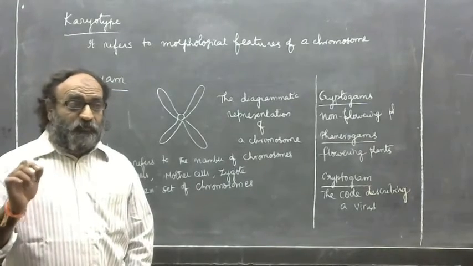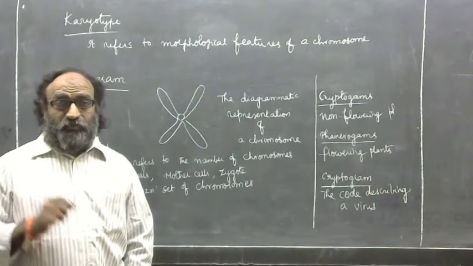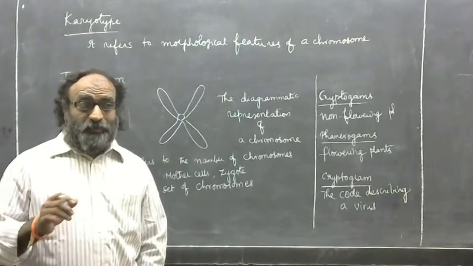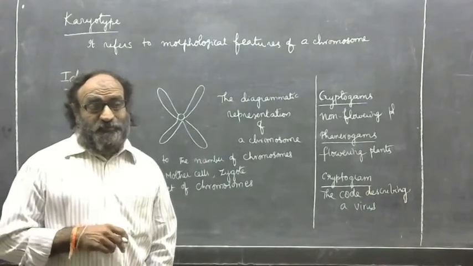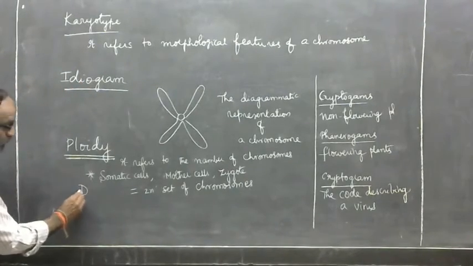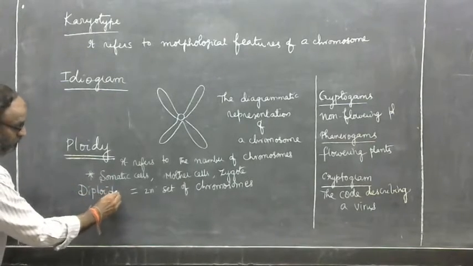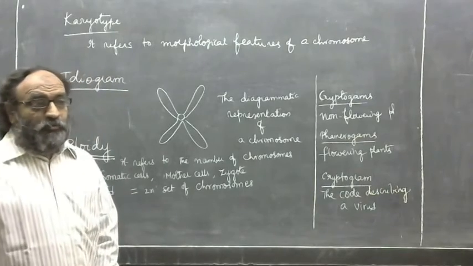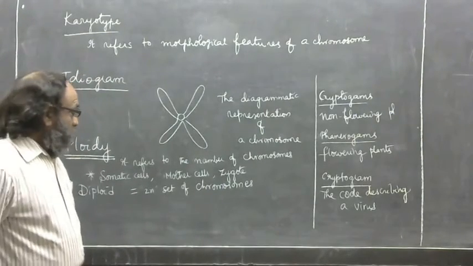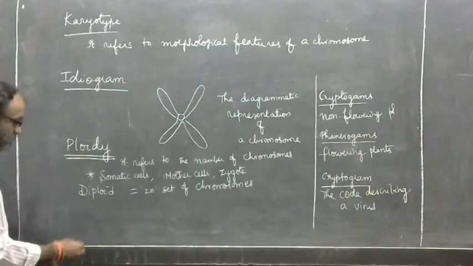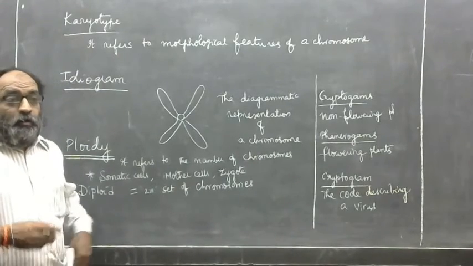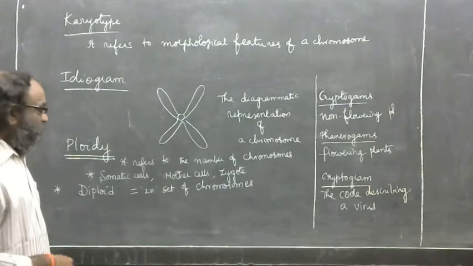If a cell has a 2n set of chromosomes, say for example 46 in human beings, 8 in Drosophila, 14 in garden pea plant, then it is called diploid. So having a 2n set of chromosomes is a diploid condition. What is half of diploid?